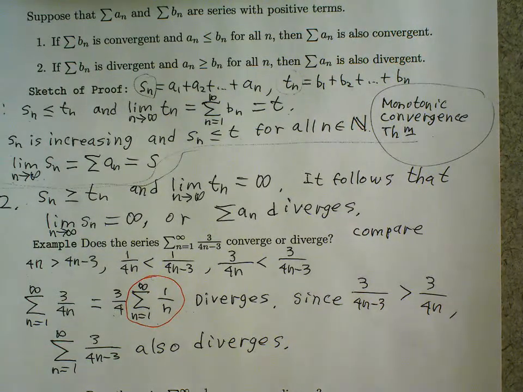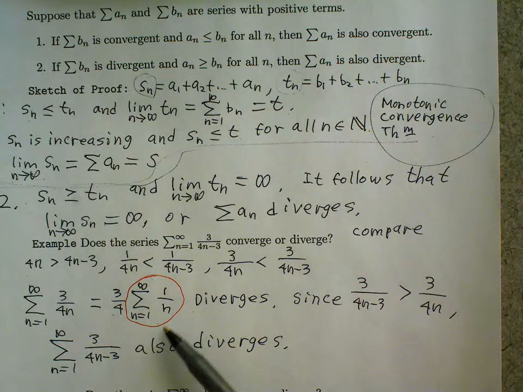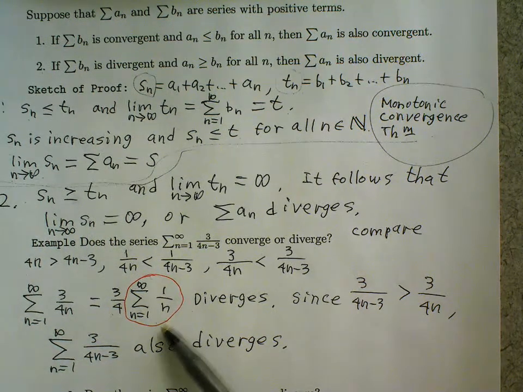When using the comparison theorem, well, after you get some practice, you'll get an idea of whether or not the series should converge or diverge. And that will help you to pick an appropriate series that you know diverges or converges.